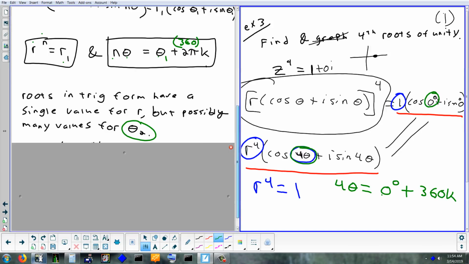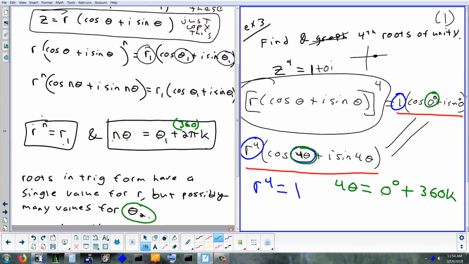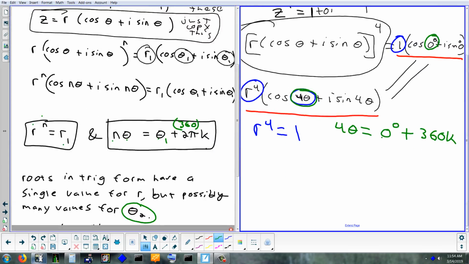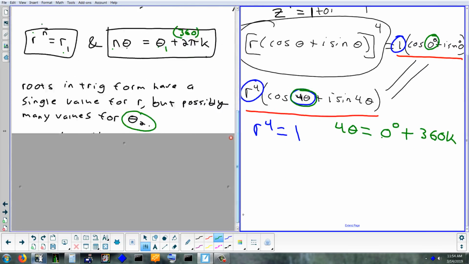So before I tell you what k is and how you get the different answers, let's solve r to the 4th equals 1. How do you get rid of an exponent of 4? Take the 4th root. 4th root, 4th power, cancels.